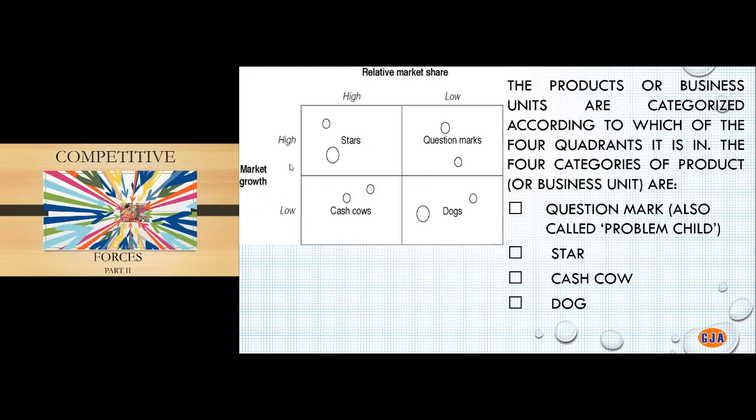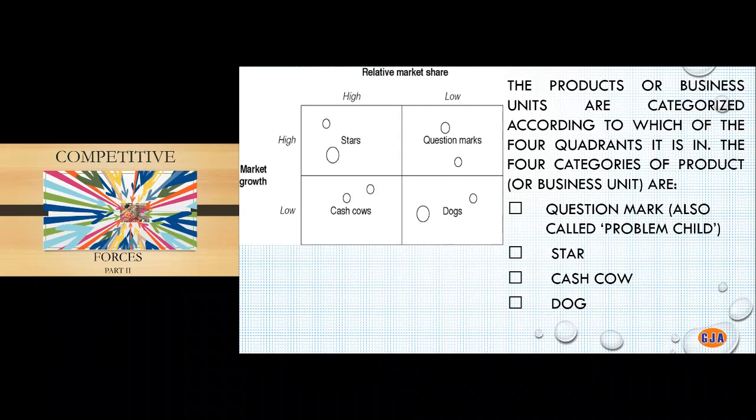For the vertical is where we have the market growth, that is the rate at which our market is growing. And on the horizontal is where we have the relative market share, that is how many consumers in that particular niche are buying from us.